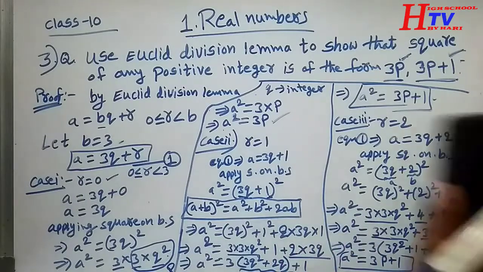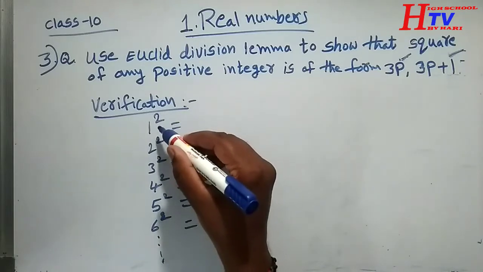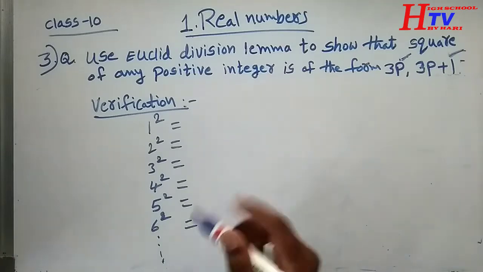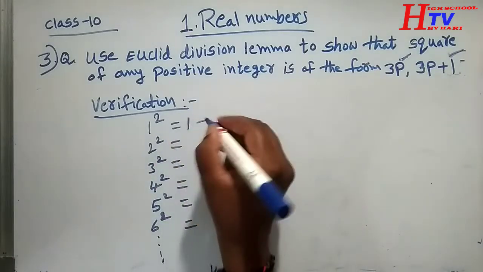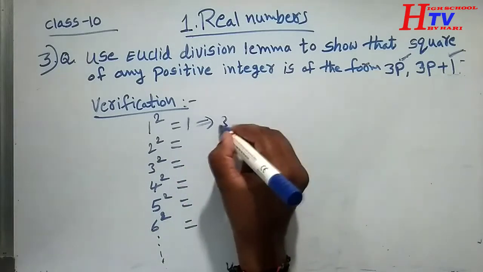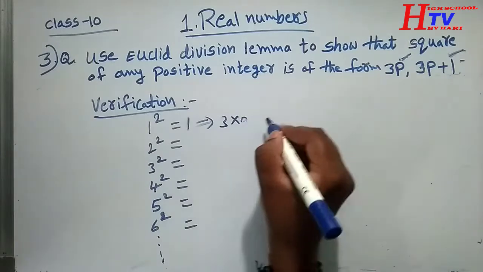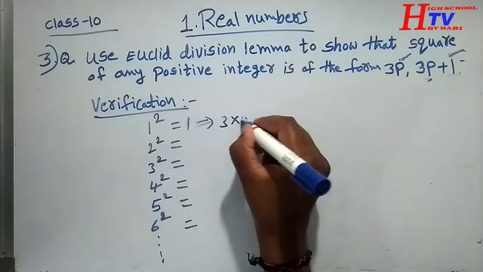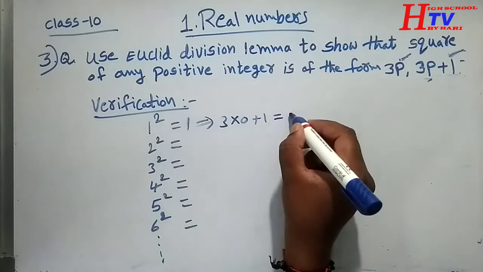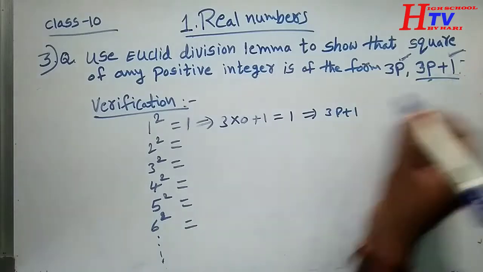How to verify that 3p and 3p plus 1 are the forms of the square of a positive integer? Let's see. Verification: I am taking squares of positive integers 1, 2, 3, 4, 5, 6 and so on. 1 square is 1, that is in the form 3 into 0 plus 1, where p is an integer. 0 plus 1 is 1. It is in the form of 3p plus 1.